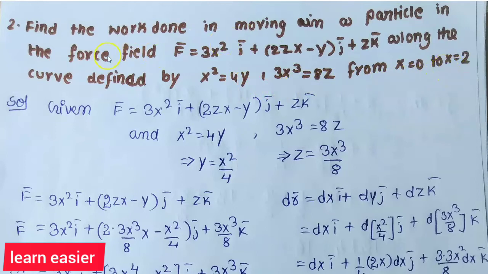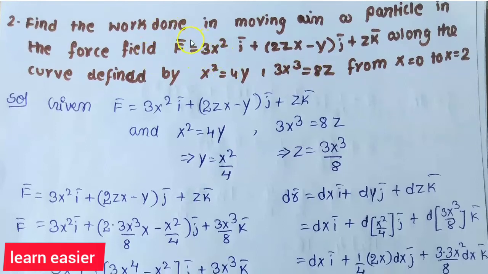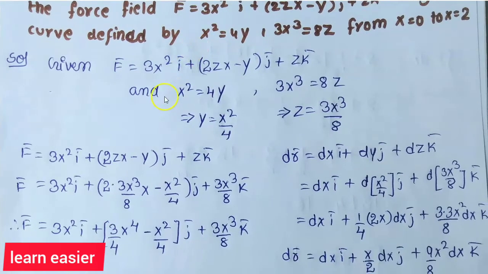So we have to find out the work done, which is integral F bar dot dr bar. You can see here the limits are x limits, from x equal to 0 to 2. So we have to convert F bar in terms of x. So let's see.